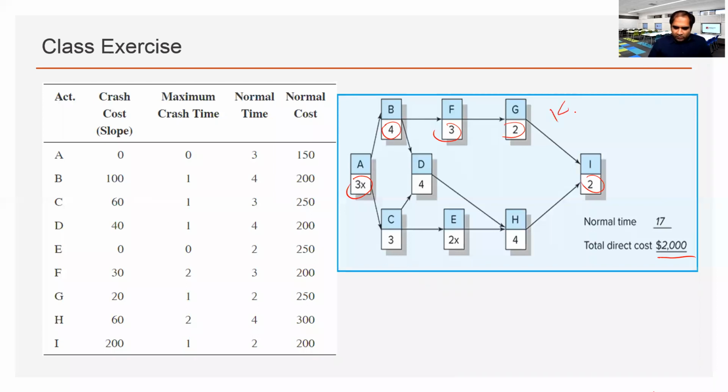So we have chain 1, 14. Then we have 3, 4, 7, 11, 15, 17. Then we have 3, 6, 8, 12, 14. All right, so this is the longest duration, 17 days.